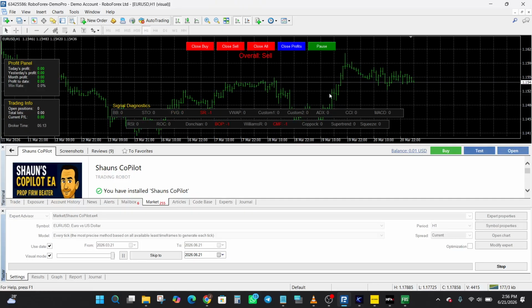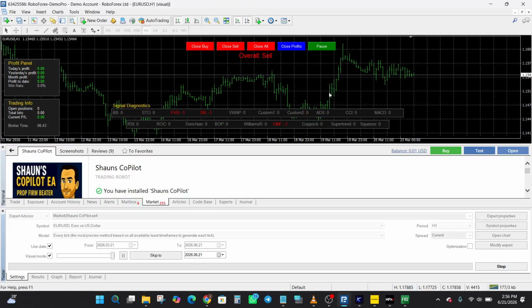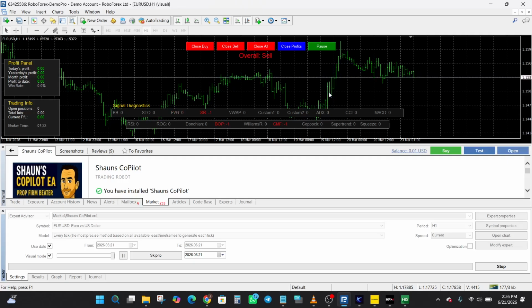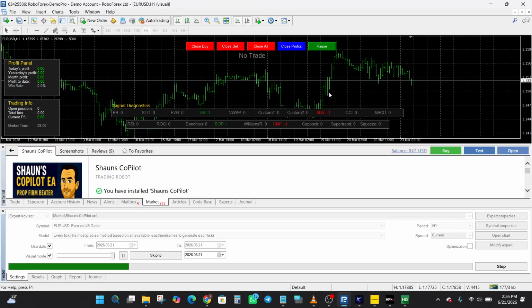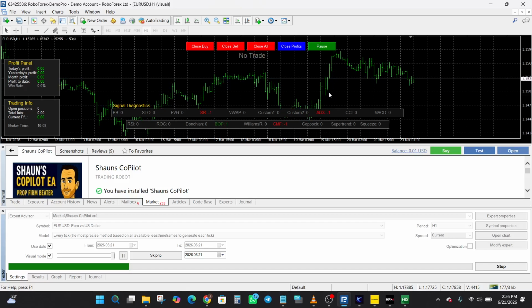Since the Shauns CoPilot EA allows multiple indicator combinations and several position sizing approaches, historical performance can vary significantly depending on the configuration selected. The flexibility provided by the signal voting system, the risk controls, and progression methods means that optimization choices can have a major impact on results.